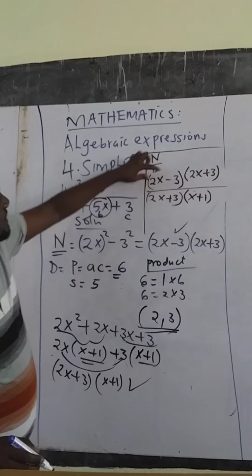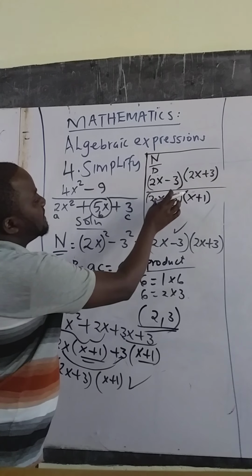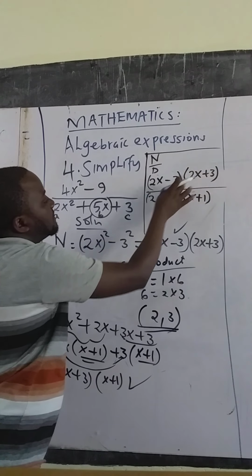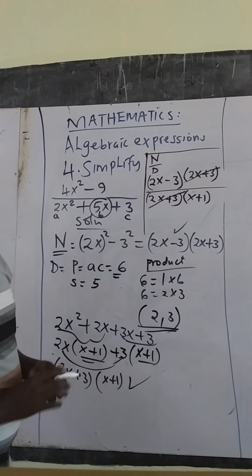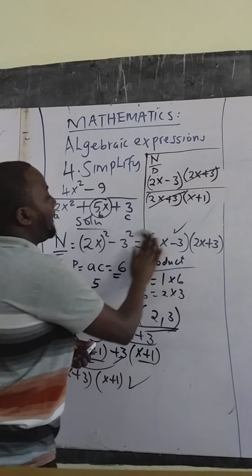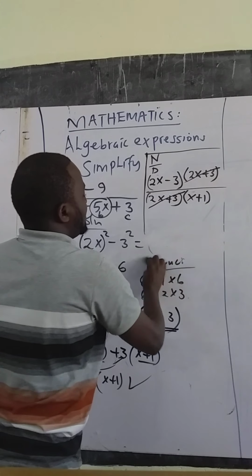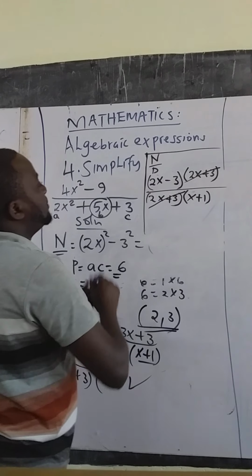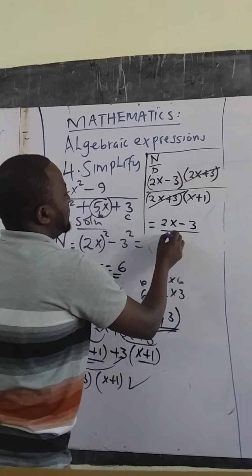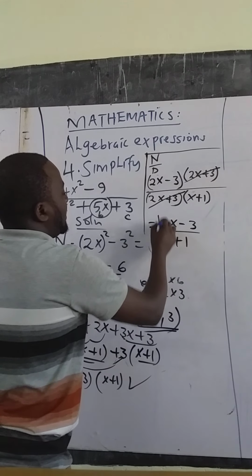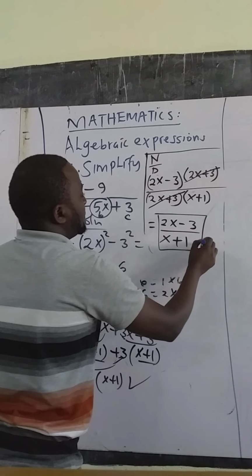Now, this is multiplication, so this factor is similar to this one, and it will cancel. And you will be left with 2x minus 3 over x plus 1. And that is the solution.